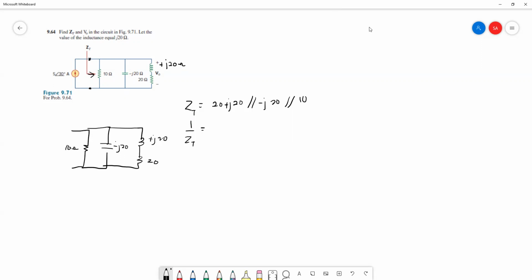What you need to do first is to parallel up the 10 ohm and negative J20 first. I think that is much easier.